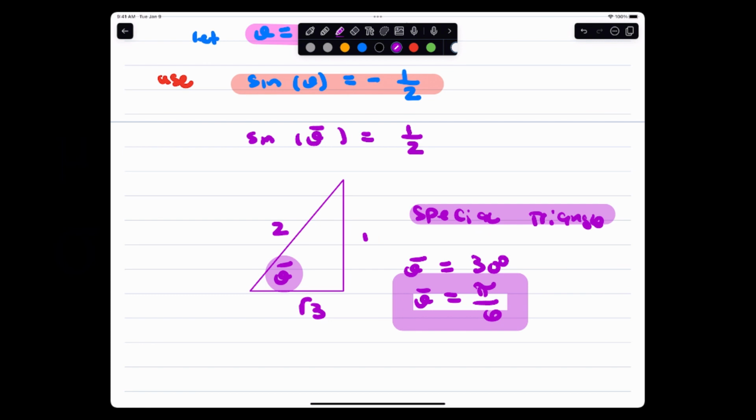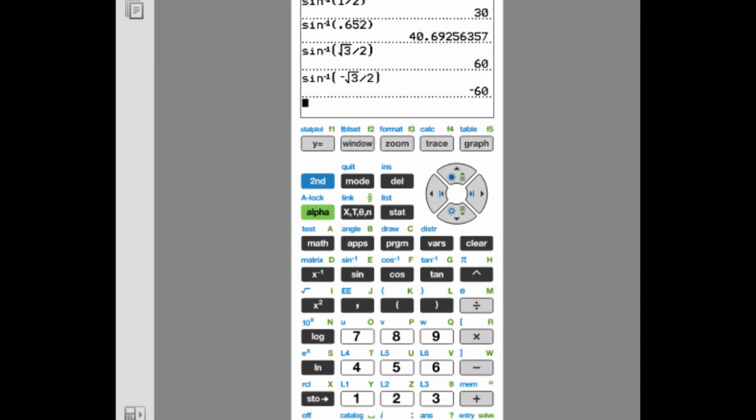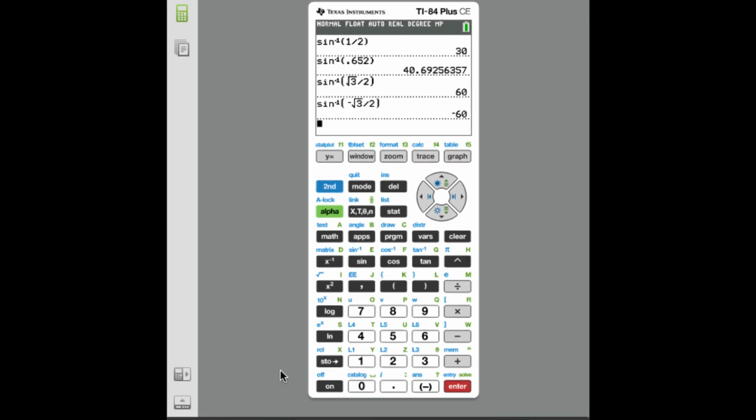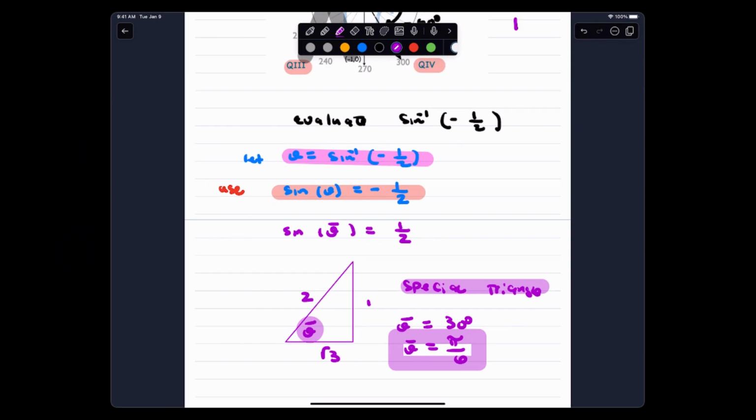But that's not your answer. You say, that's not the answer for inverse sine of negative 1/2? No, let's go to the calculator. Remember this? Oh, sorry. Let's go to the calculator. Scroll out. Second inverse sine negative 1 divided by 2. You say, Mr. Judge, it gives me negative 30.